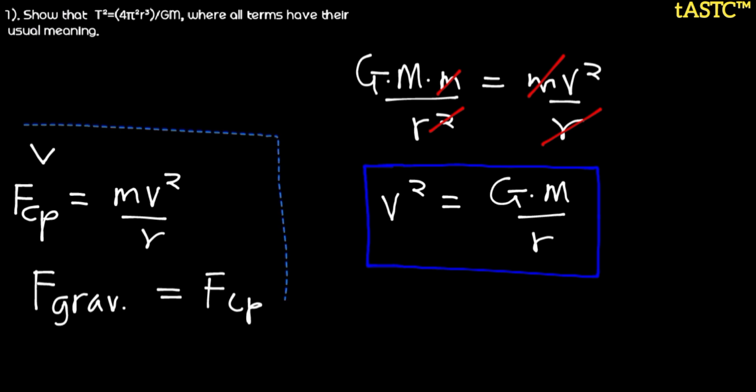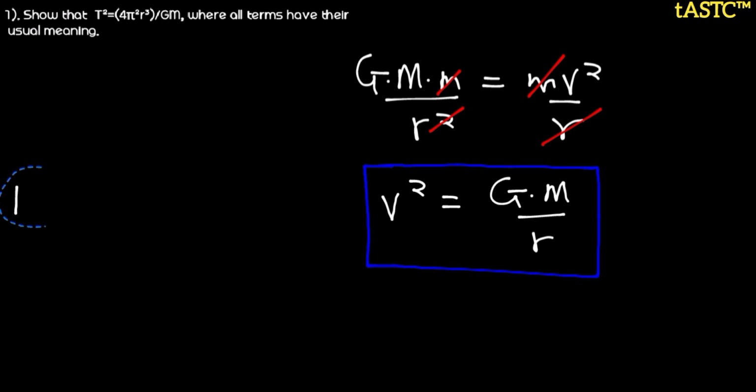So I need to wipe some of this stuff out. Now we also know that as the Earth makes this orbit, this orbit is a circle. And you know that the perimeter around a circle is the circumference. So let us say this is a cycle, and you have this Earth required to orbit this circle. There is going to be a time taken by the Earth to complete this circle.